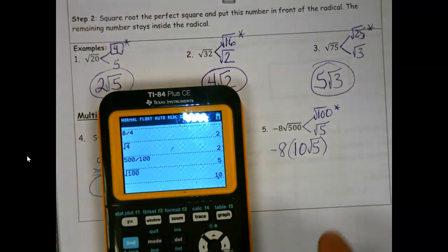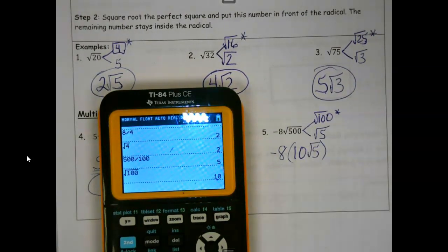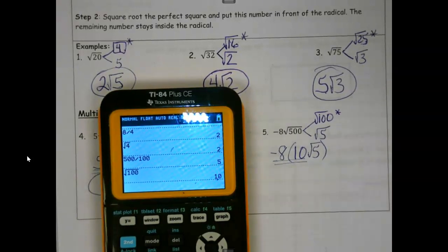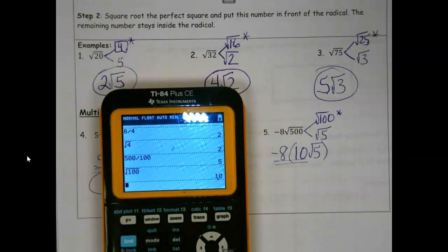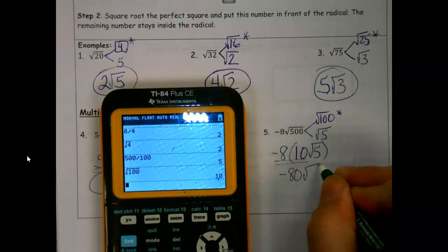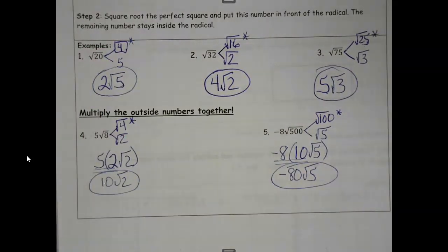Okay. So we broke down our 100 to 10. And again, once we're broken down, the parts that aren't in the radical, that aren't in radical jail, they can hang out. We can multiply them together and get to my solution. And work it that way.